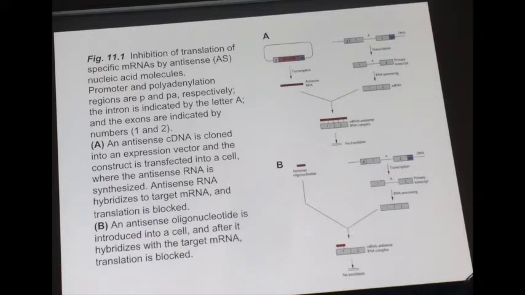One is exactly complementary to the other. We know that DNA molecules base pair with one another. Well, so do RNA molecules, based on pretty much the same rules. When that happens, RNA forms a stable complex, double-stranded RNA, and translation of that message does not take place.